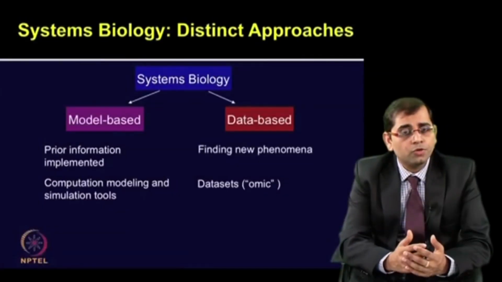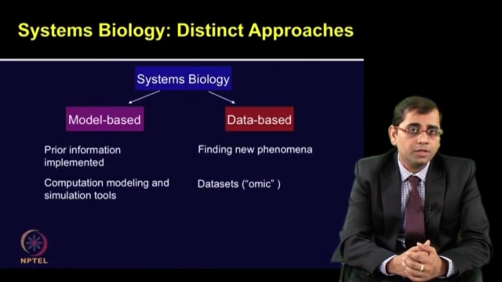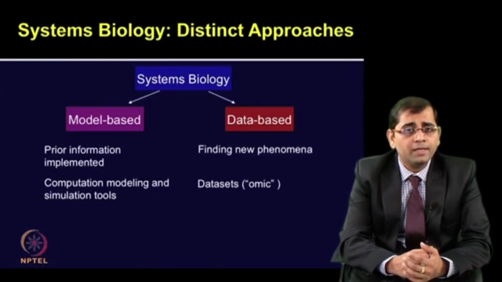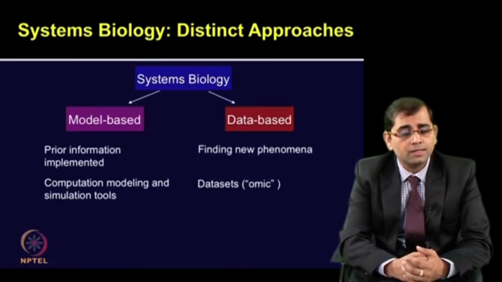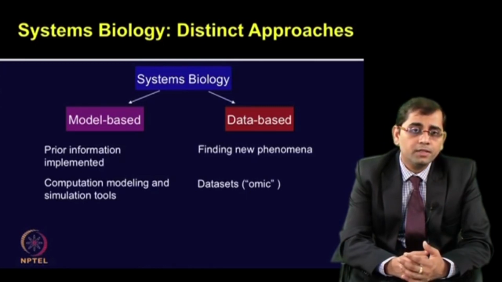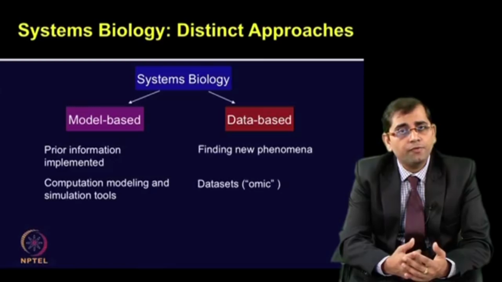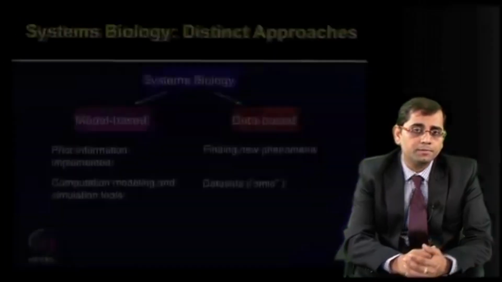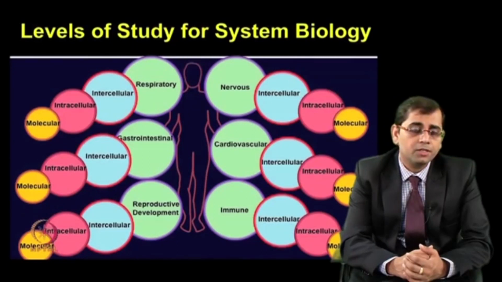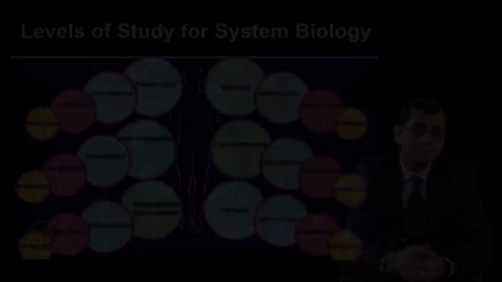The distinct approaches of systems biology include the model-based and data-based methods. The model-based approach involves some prior information which can be implemented in these models, whereas in the data-based methodology, the objective is to find new phenomena. Some of these details will be covered in these lectures on systems biology.